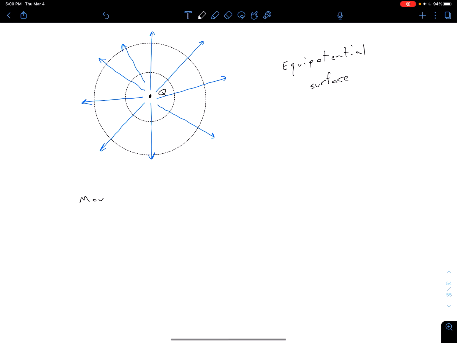So moving a charge along one of these equipotential surfaces does not require any work.